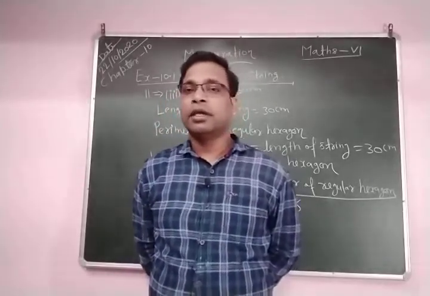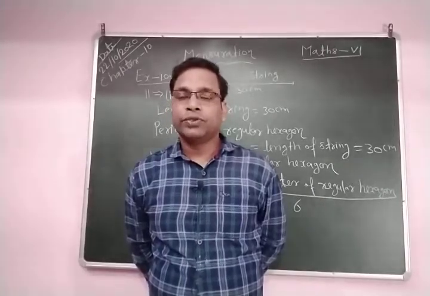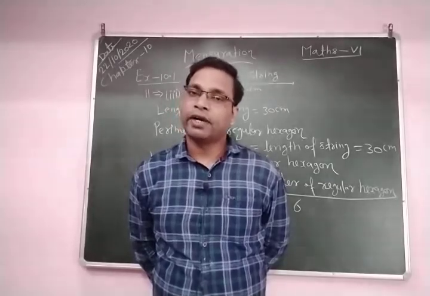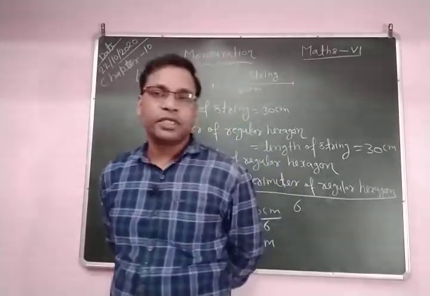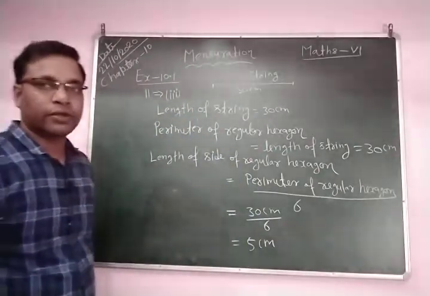So we find that here, and after this we use the string to form a regular hexagon, and the question asks to find its length of side. So you can see here we find the length of side of the regular hexagon.